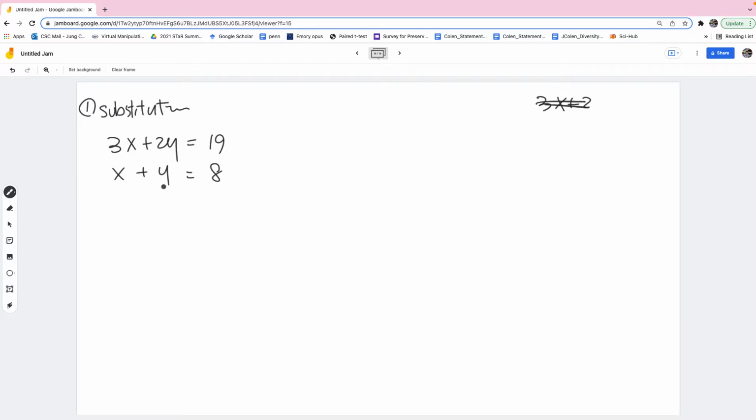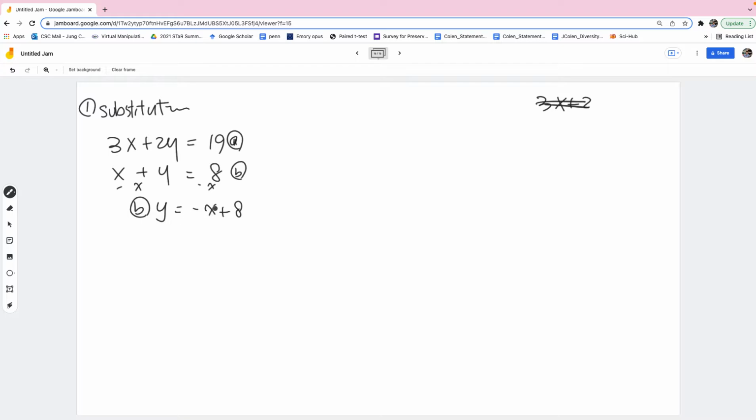So if I rewrite this as y equals, using, let's say, a and b equation, from b equation, I can rewrite this as y equals by subtracting x on both sides. And this x will be gone, right? I'm subtracting x on both sides, so I have a negative x plus 8.